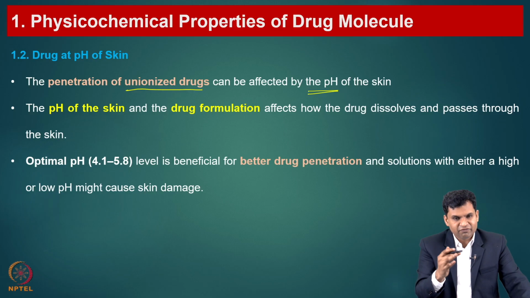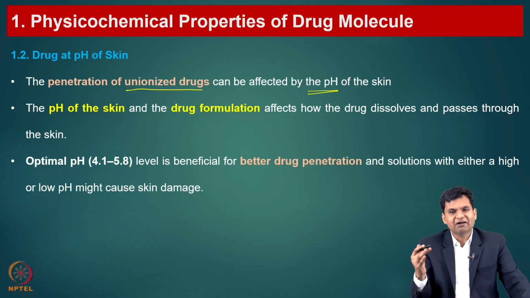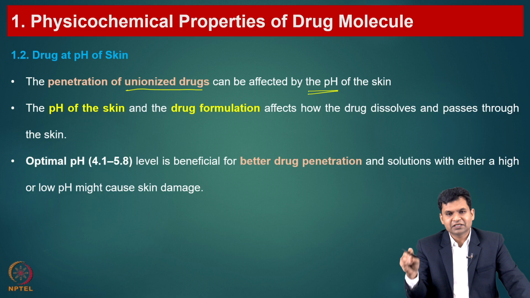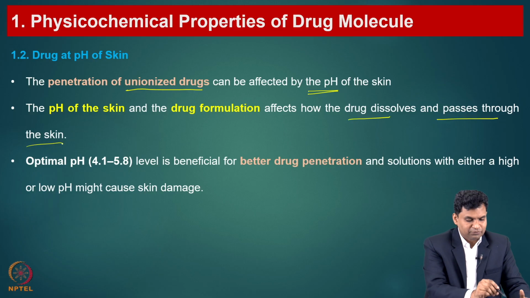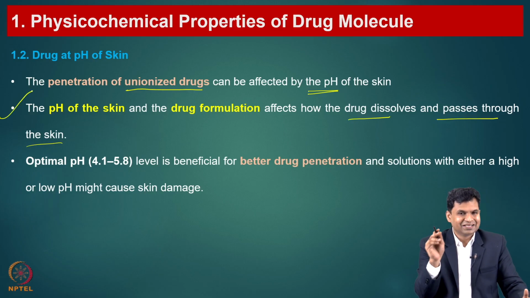The penetration of ionized drugs can be affected by the pH of the skin. So, the ionized form at that particular pH is very important, and ultimately the pH of the skin and the drug formulation both will affect the solubility as well as permeability of the formulation. So, this needs to be considered.